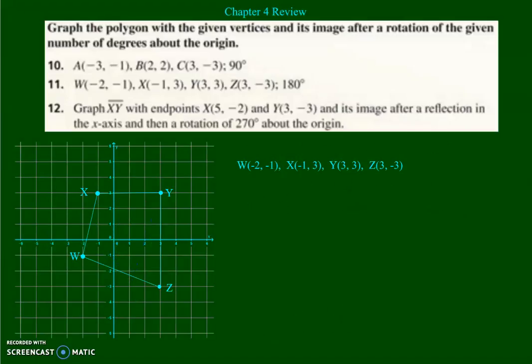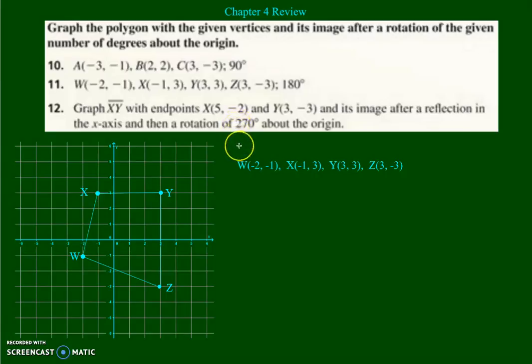In problem 11, we have a quadrilateral this time. So we have W, X, Y, and Z: -2, -1, -1, 3, 3, 3, and 3, -3. This time we're going to be going 180 degrees about the origin. Now in a 180 degree rotation, we looked at rotations with a 90 degree increment counterclockwise.